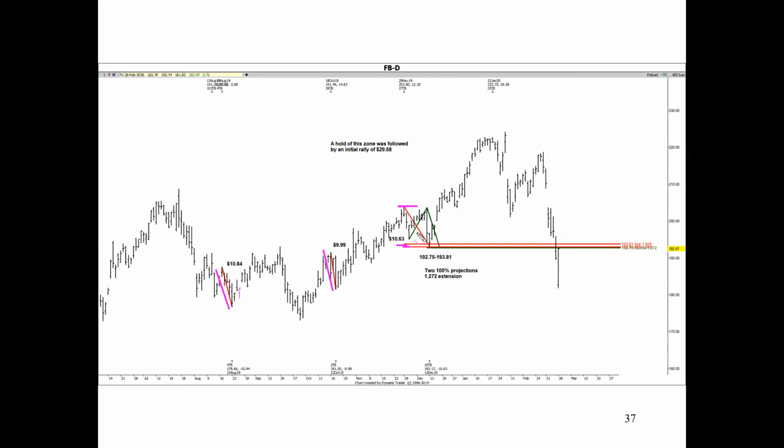And then there was also a 1.272 extension of this low to this high that just happened to overlap that area. So if we were going to resume the rally, that was one of the areas that I was looking at for buy triggers. And you ended up with an initial rally of 29.58 from a couple of symmetry projections and an extension.